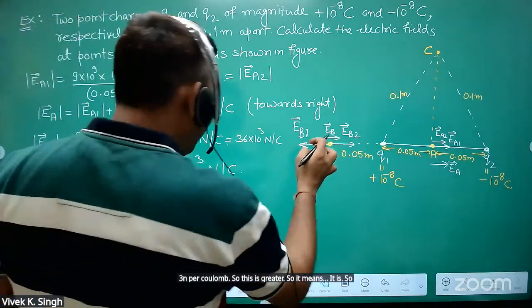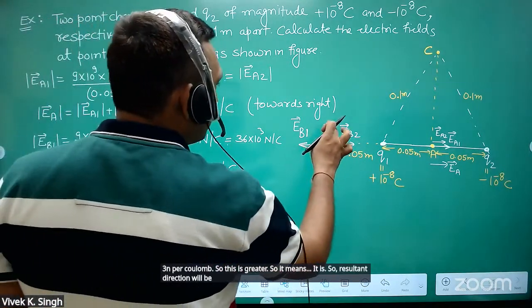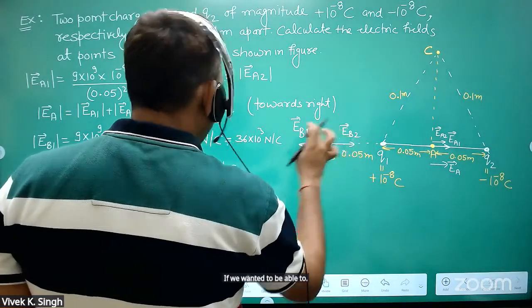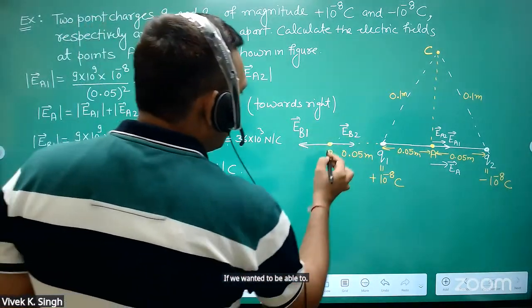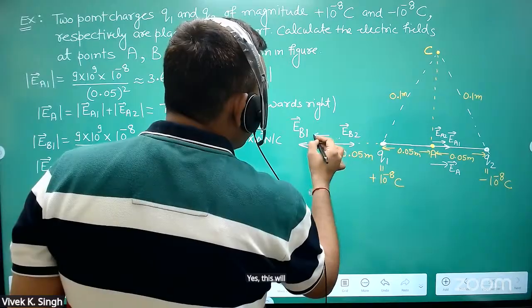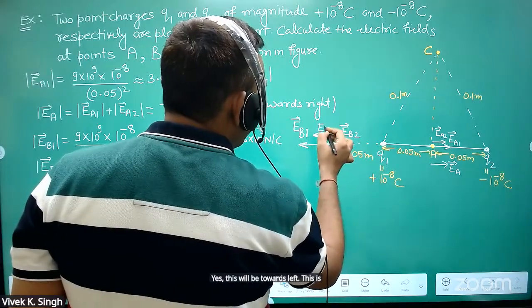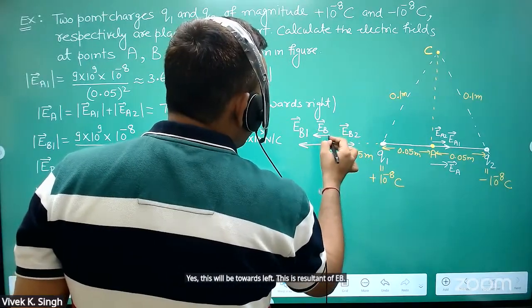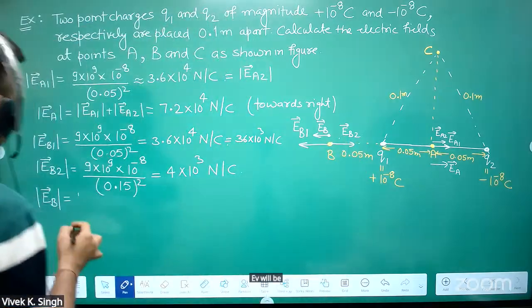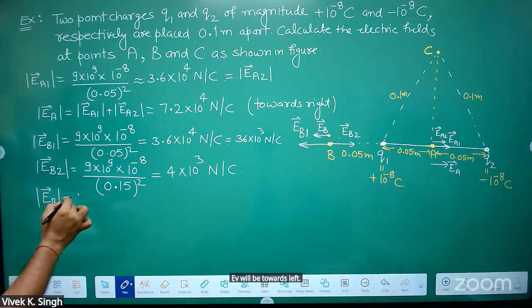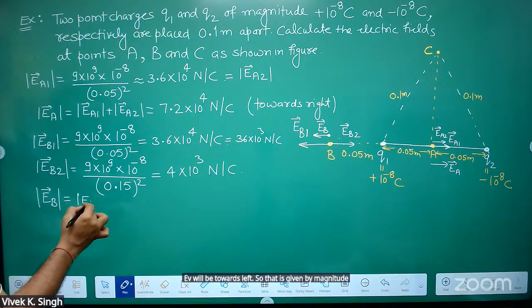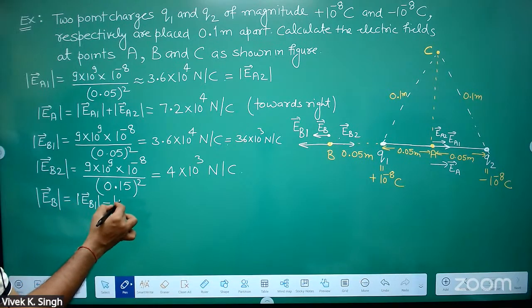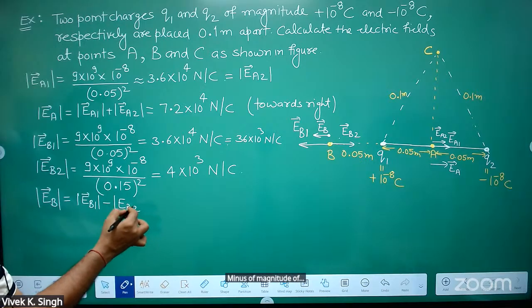So resultant direction will be opposite to this, towards left. Yes, this will be towards left. This is the resultant of EB. EB will be towards left. So that is given by magnitude of EB1 minus magnitude of EB2.